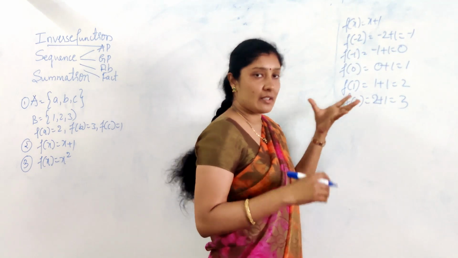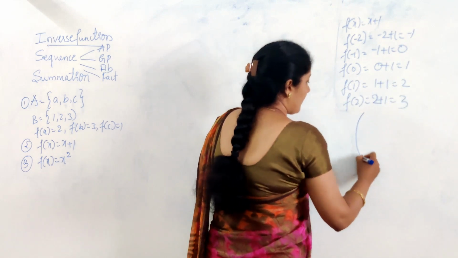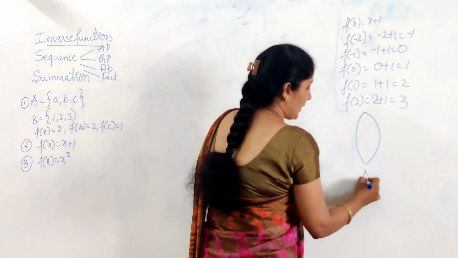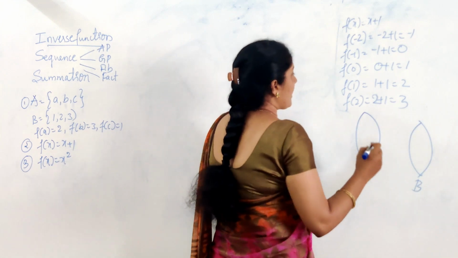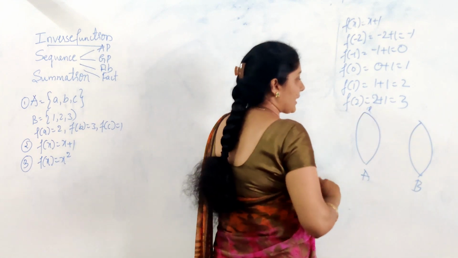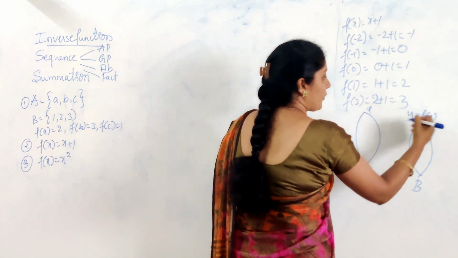Now we have to represent this in the form of sets. So this is set A and this is set B. Here we are having x values and here y. Y is nothing but f of x.